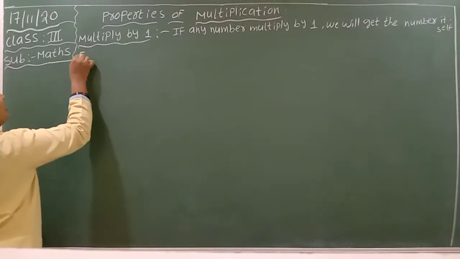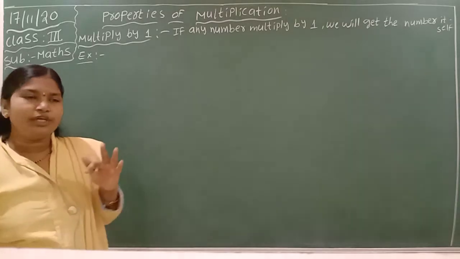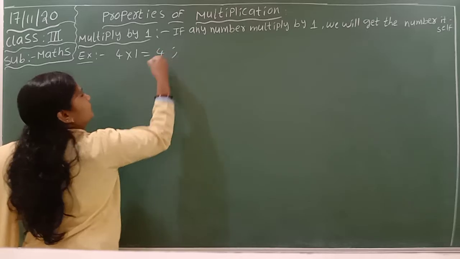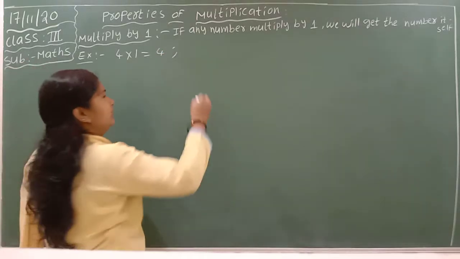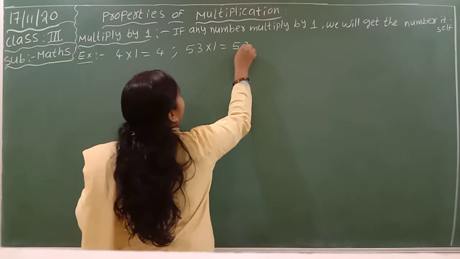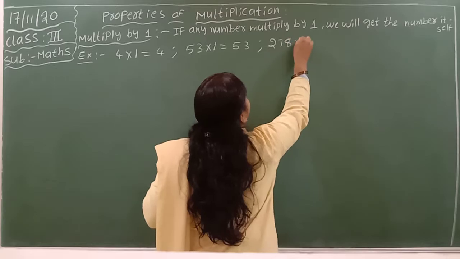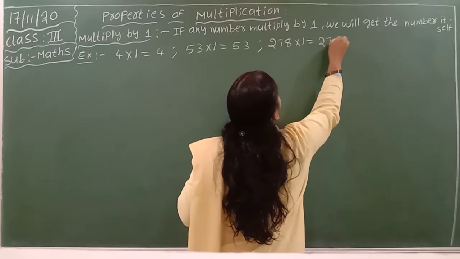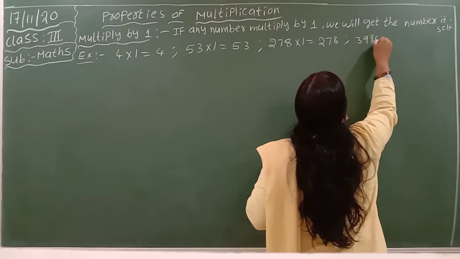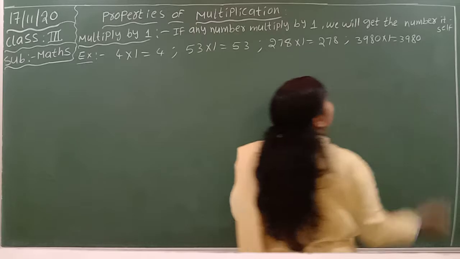See, first example I am writing here. For example, 4 into 1 means 4 ones 4. Same like this, 53 into 1 is equal to 53. 278 into 1 is equal to 278. 3980 into 1 is equal to 3980.